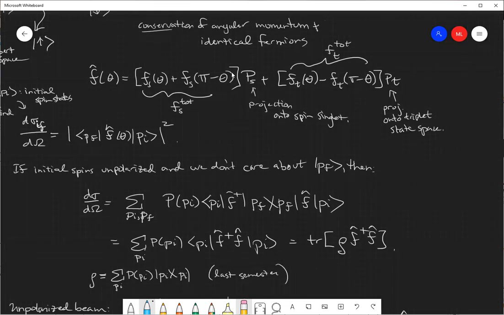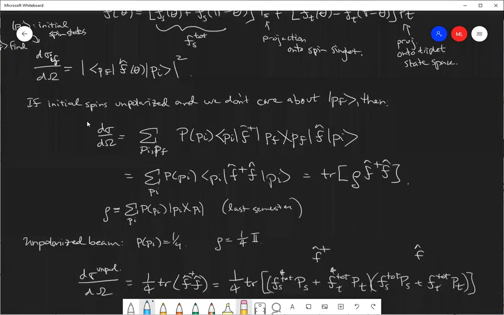And then once you have this, to calculate a cross-section for like an unpolarized beam of these particles, well, you'll just sum over all the possible initial and final states, which you can rewrite as just a trace of a product of this scattering amplitude matrix thing. So that's how you can do it. And then, for a really unpolarized beam, the state operator is really easy. It's just the identity divided by the dimension of your total spin space.